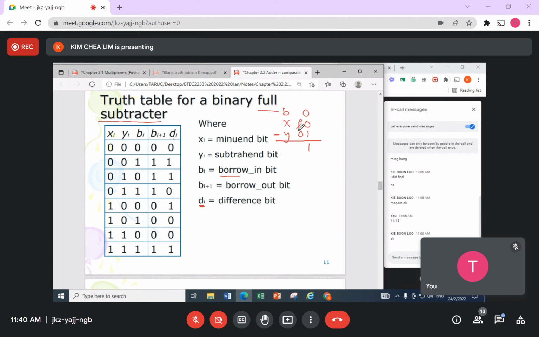Originally it is a 1. Now you lend it to other people, so it becomes 0. 0 minus 0. But just now you borrowed from somewhere. So this 0 minus 0 is a 0.